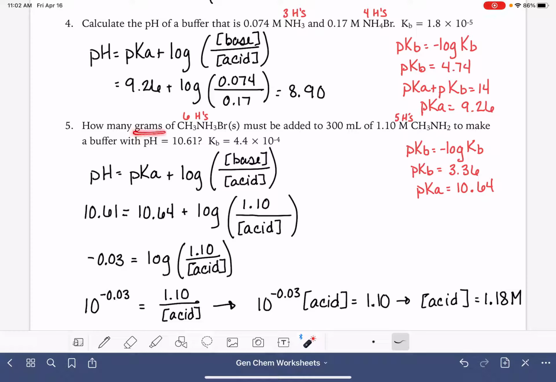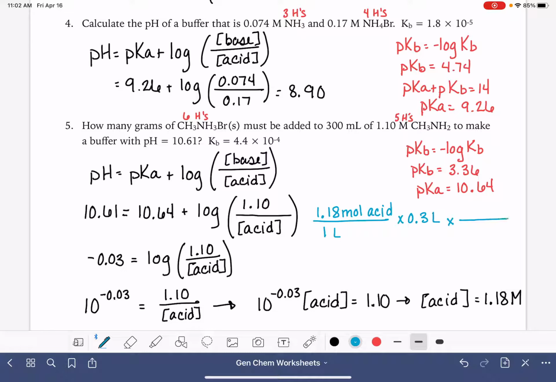Now that is not exactly what the problem is asking us. The problem is asking us how many grams we need to add to 300 milliliters to get this concentration right here. So we've got to work a little bit more. We know that we want to have 1.18 moles of our acid, CH3NH3Br, per 1 liter. We know that we actually want to have 300 milliliters, or 0.3 liters, of this solution.